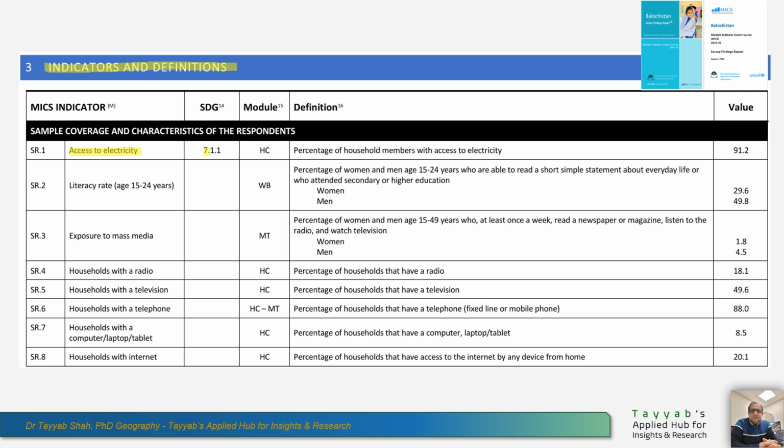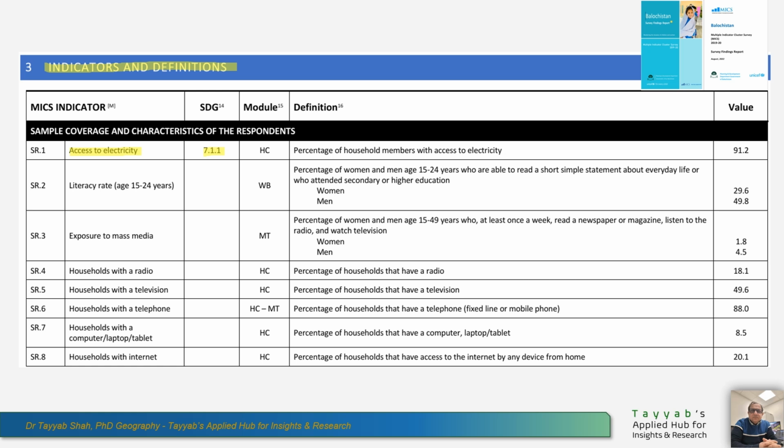And this is 7.1.1, which means this is the Sustainable Development Goal number 7, first target, and that is the first indicator regarding that target. Sorry, it's not a task, it's a target.